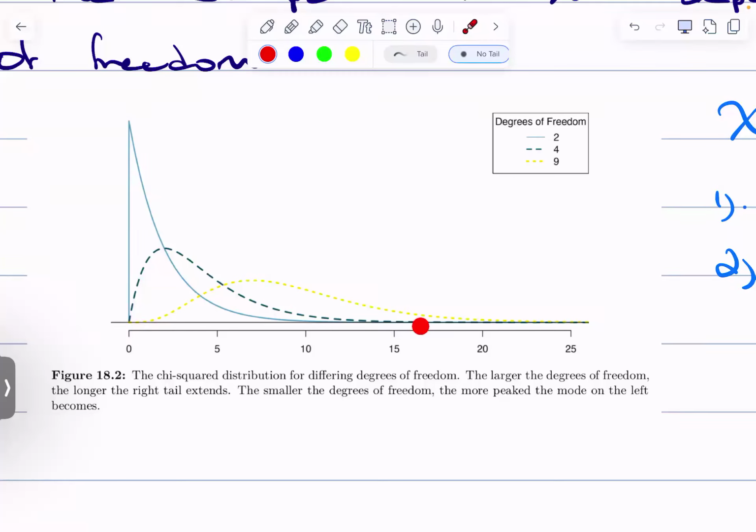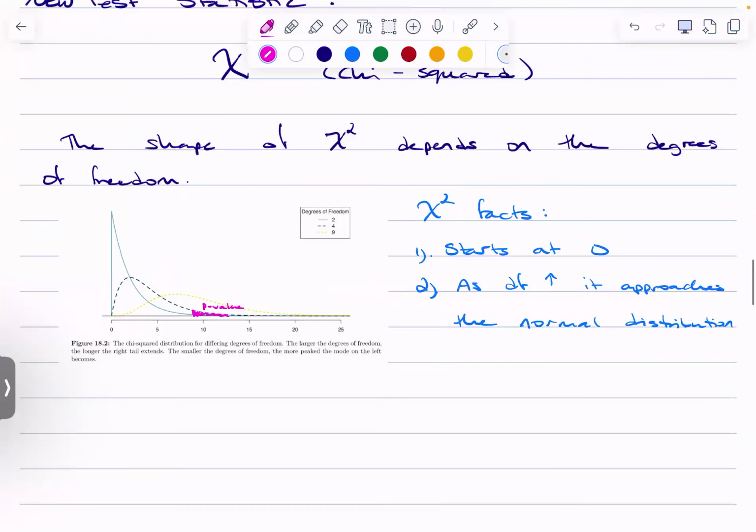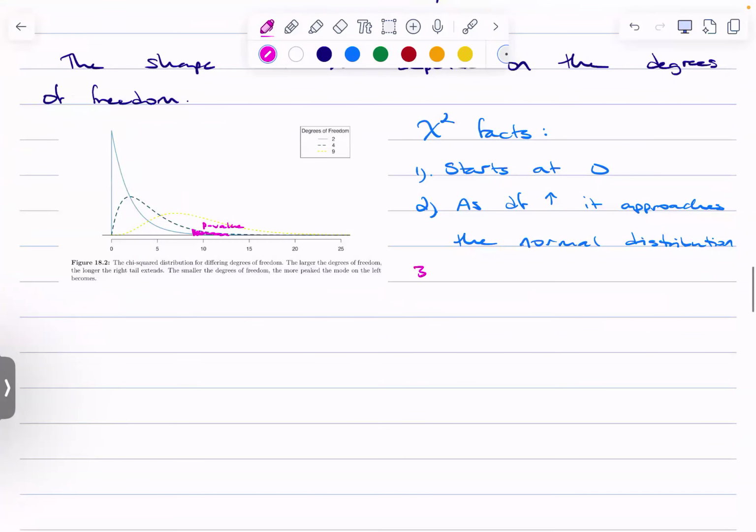And so our p-value just is going to be the upper tail. So let's say maybe here. This is going to be my p-value. The p-value is always the area in the upper tail.